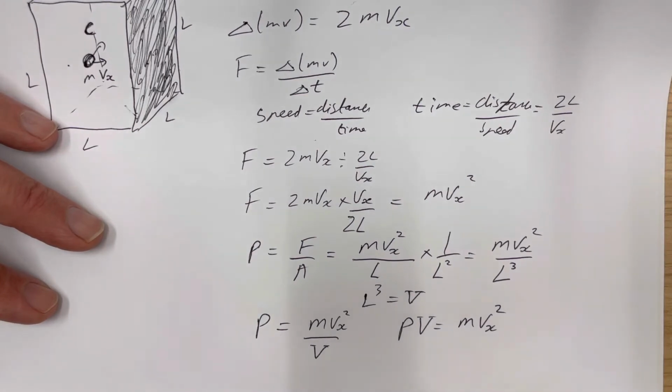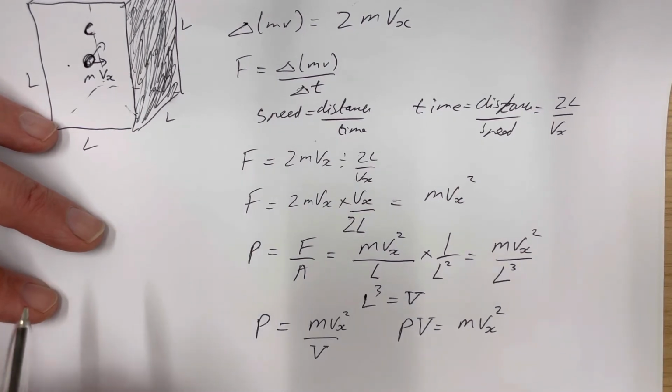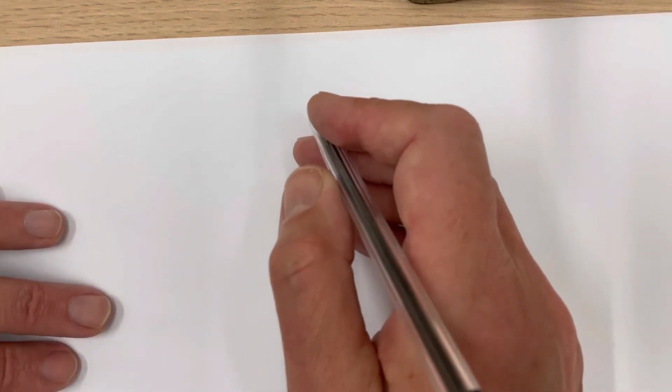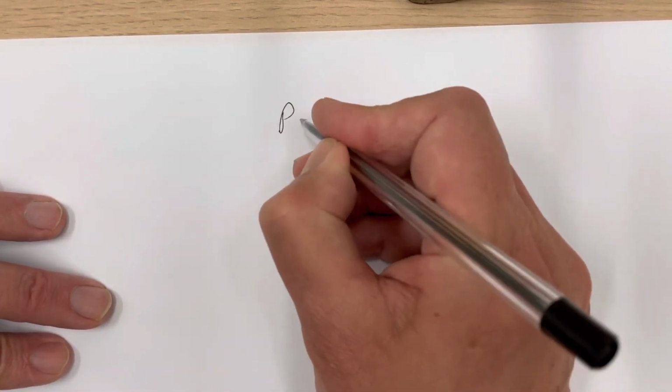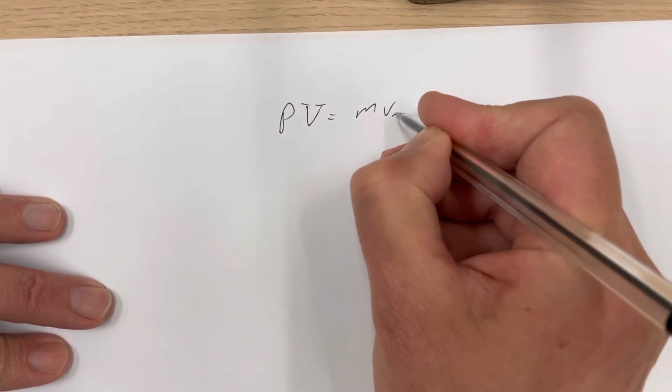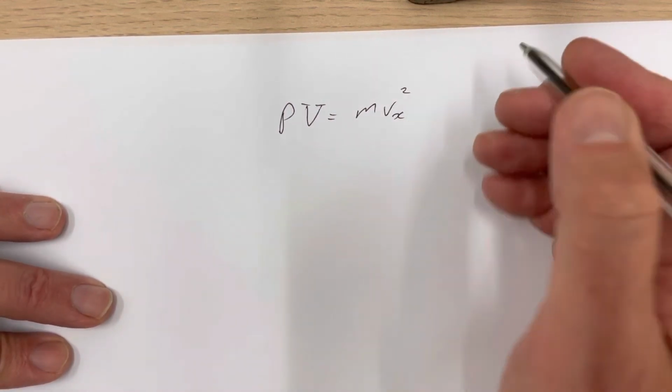So now the next bit, on the next page, I'm going to generalise that out to consider the effect of many particles. But I think the bits on this page are the most likely bits for somebody to ask questions about. So I'll just write what we've already got here. We've got PV equals m v_x squared.